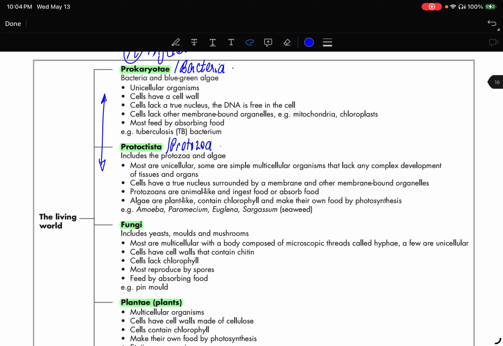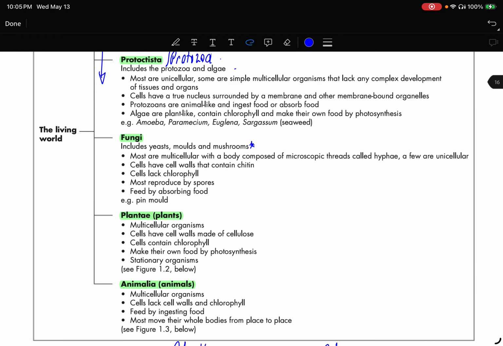Protozoa, things like the algae, and it's also things like amoeba. Then you have the fungi, which you know could also have macroscopic ones as well. Then plants and animals, easy, plants and animals.